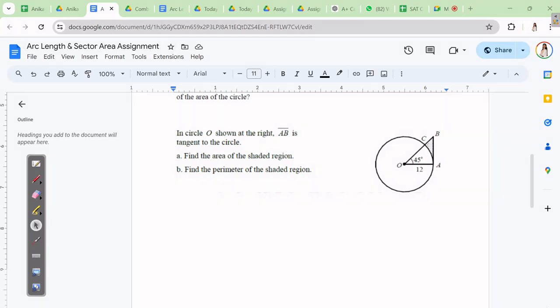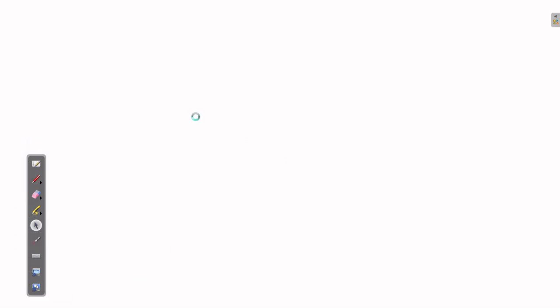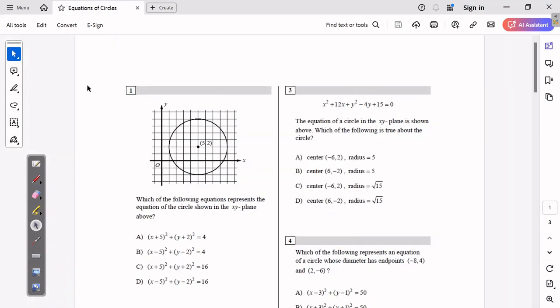First is equations of circles. Can you tell me your answers for first, second, third, and fourth? I've opened the equations of circles assignment.